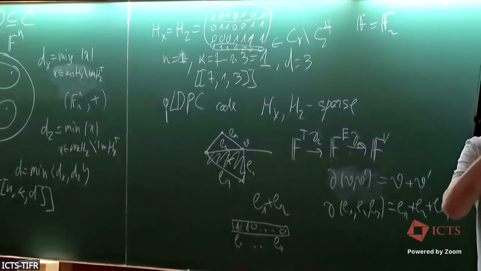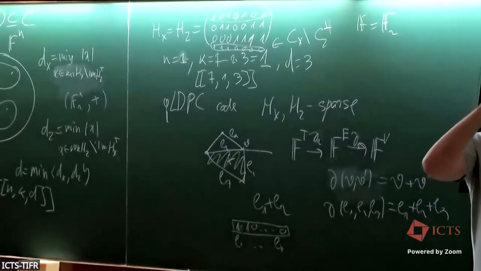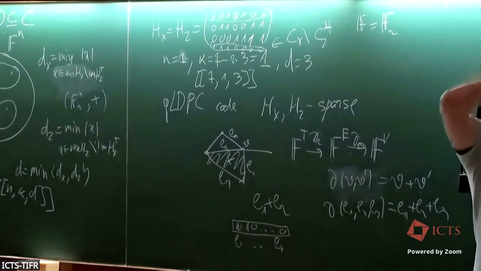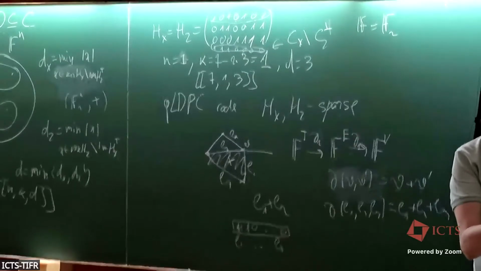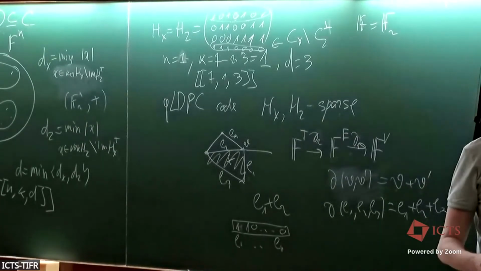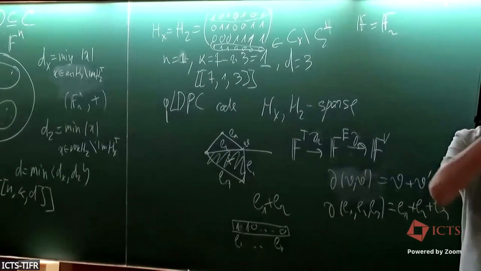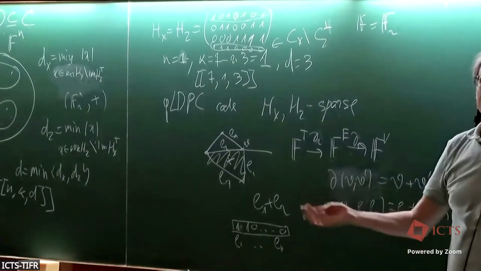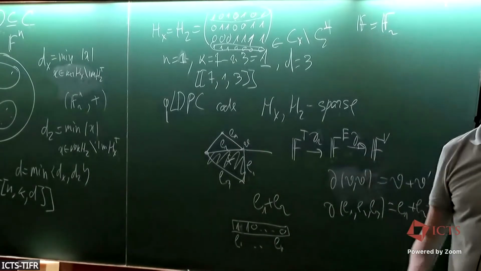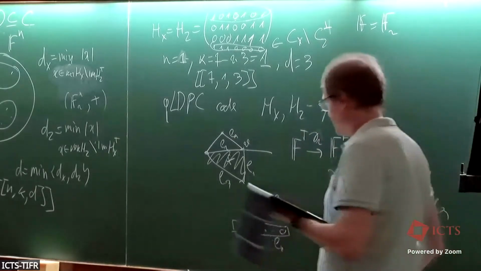Usually it's not very high, it's like logarithm. What's the minimum distance of this graph in general? It's the size of the smallest cycle, which in graph theory is called the girth. We know that the girth usually grows like a logarithm, for example for expanders. So as a code, it's unfortunately not a very interesting code.